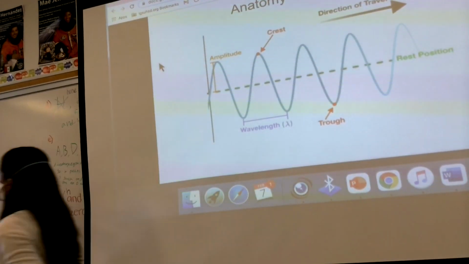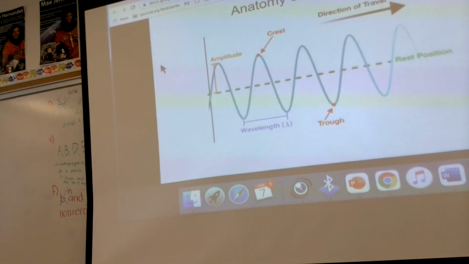And then I didn't include this, but I want you to add a wavelength of a longitudinal wave. So one wavelength would be from the middle of your compression to your next compression, or the middle of your rarefaction to the middle of your next rarefaction. They should be about the same length.